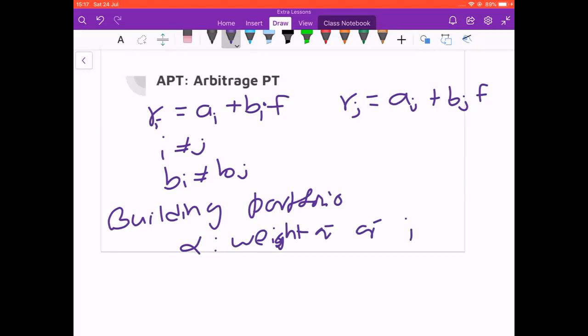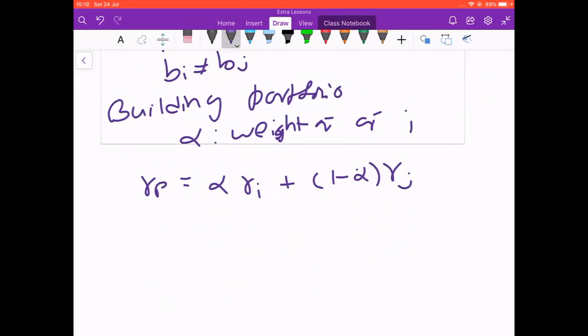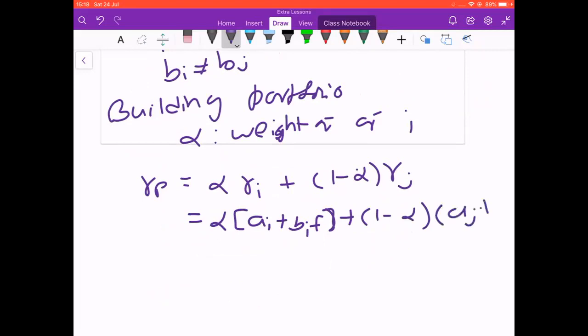To find the returns of your portfolio, you are going to have alpha times the returns of i plus 1 minus alpha times the returns of j. And then you can simplify this. You have ai plus bi F plus 1 minus alpha times aj plus bj F.